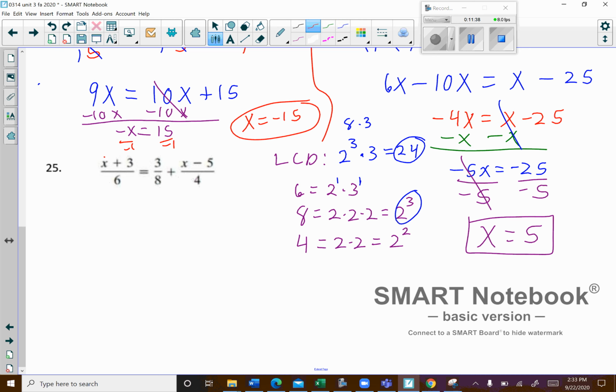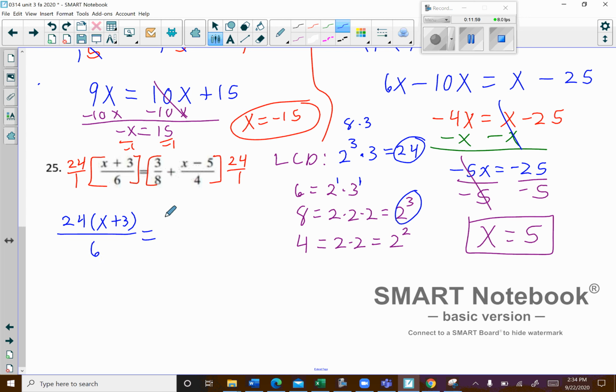Okay, so now that I know the LCD, that's what we're going to multiply both sides by. So we're going to multiply by 24 on both sides. Now, once again, I'm not actually going to multiply it yet. So what I'm going to do here is this is going to be 24 times x plus 3, which should get distributed to both, but I'm not going to distribute yet.